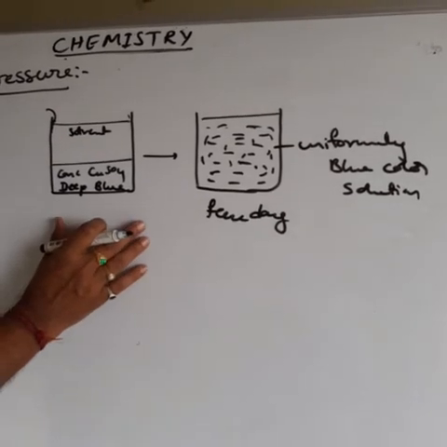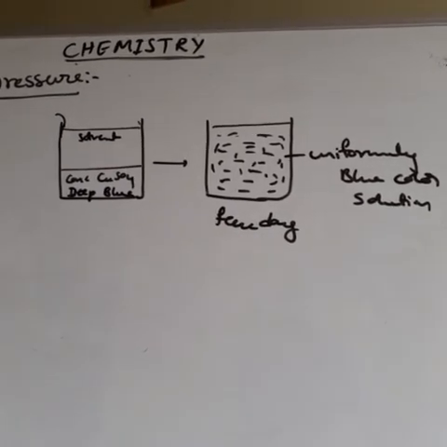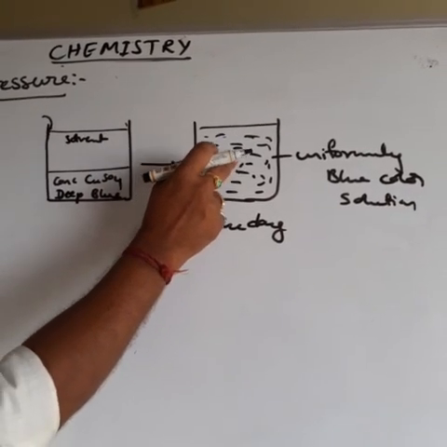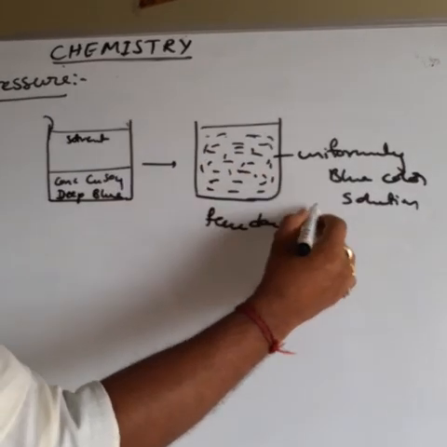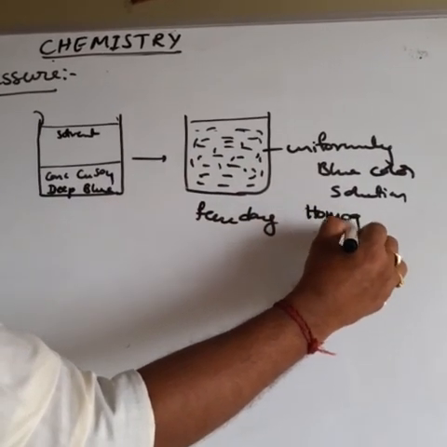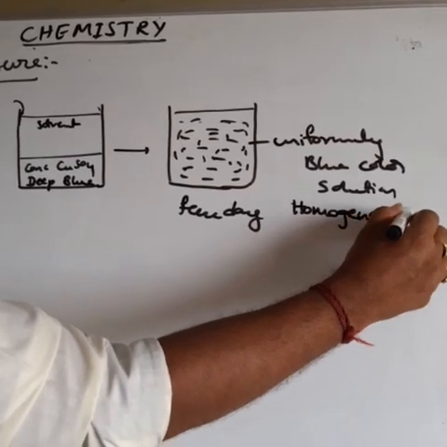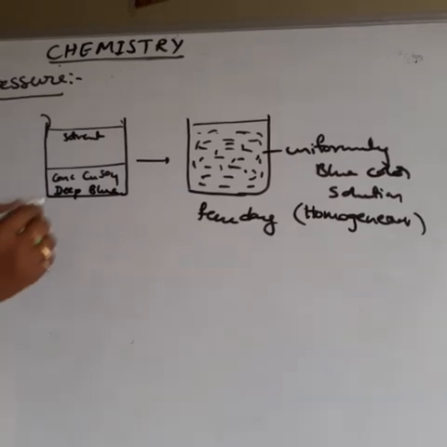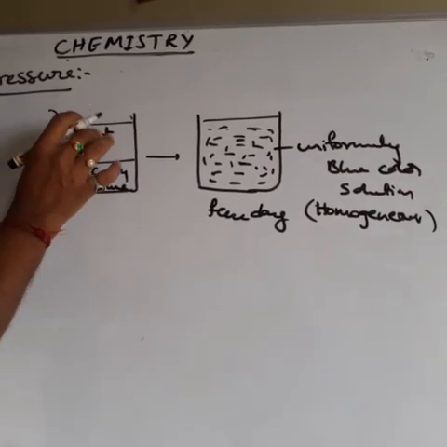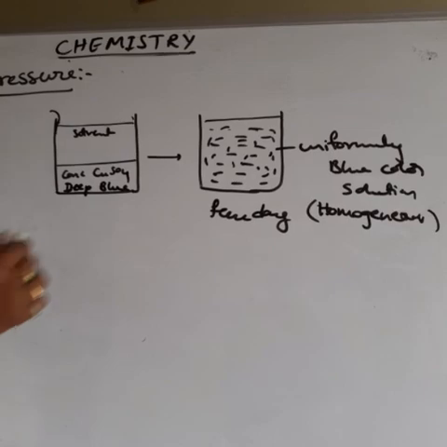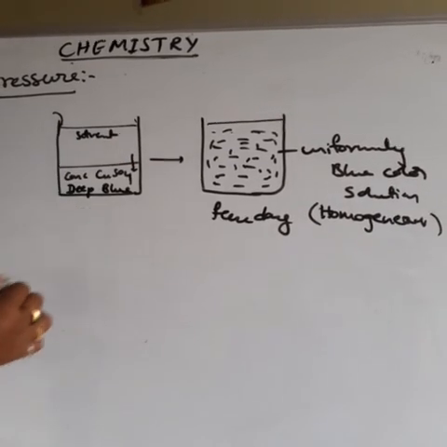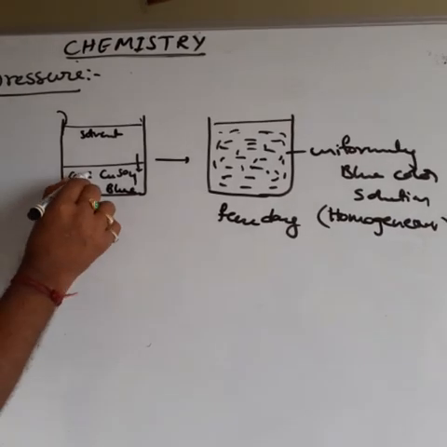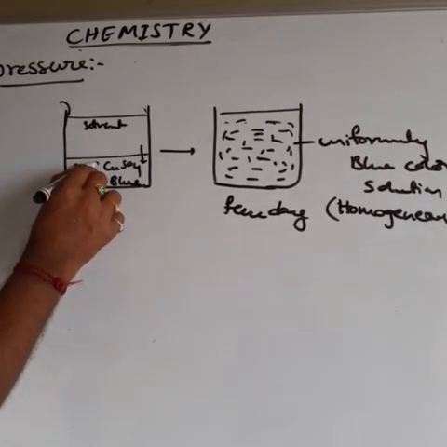So in this concept, what we understand is the spontaneous intermixing of solute and solvent particles to form a homogeneous mixture. When we add the solvent to the copper sulfate solution, solvent particles gradually enter the concentrated copper sulfate solution, and likewise the copper sulfate particles move into the solvent.